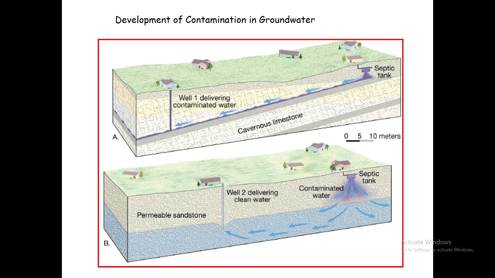And again, now in this figure you can easily observe the role of our geological formations, what kind of role these geological formations play in the movement of contaminant from one place to the other.